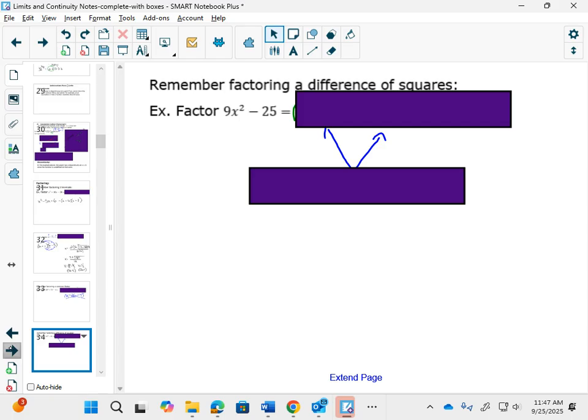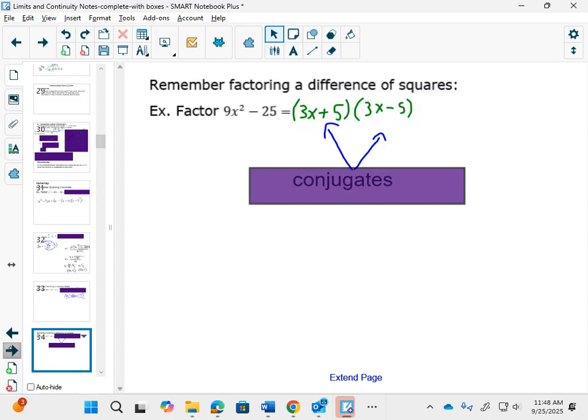Do you remember differences of squares? If it's a difference of squares, which means this is a perfect square and this is a perfect square, then you get 3x plus 5 and 3x minus 5. And we have a name for when two things are identical except for the sign in between. We call those conjugates.